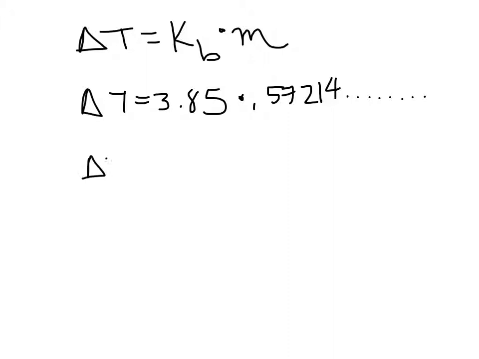And I'm getting a change in temperature of 2.20. And again, this is where I'm taking my sig figs, because we're pretty close to the end of the problem here. And this number right here is 3 sig figs, which is going to dictate how many sig figs I have for my delta T.